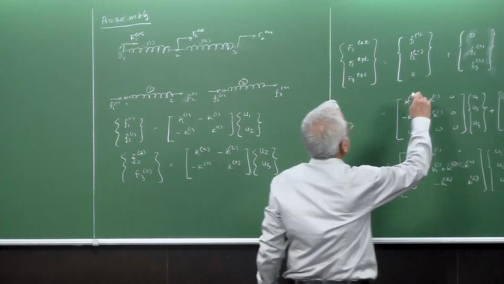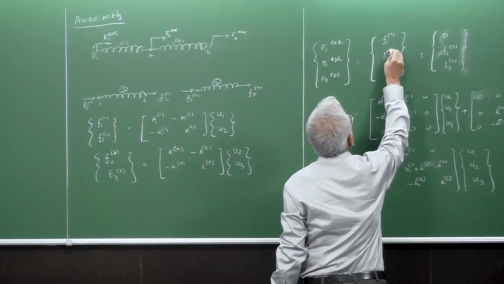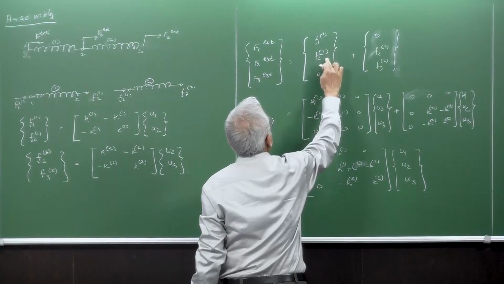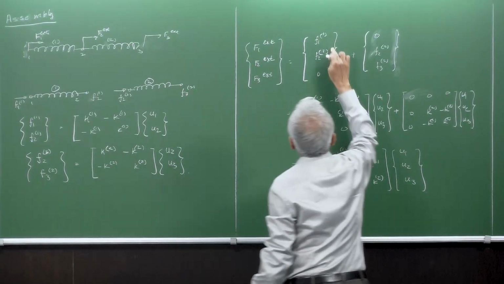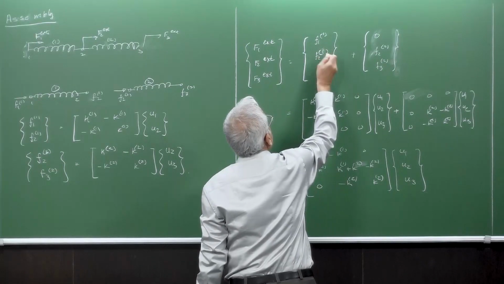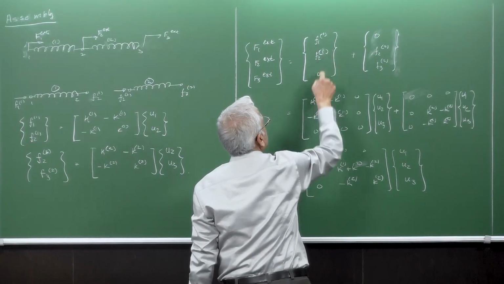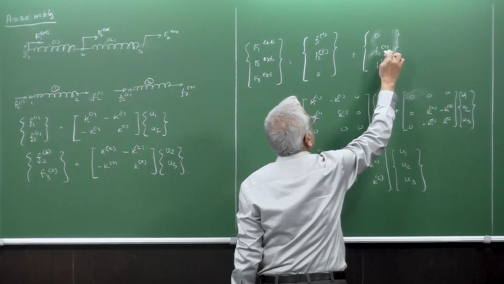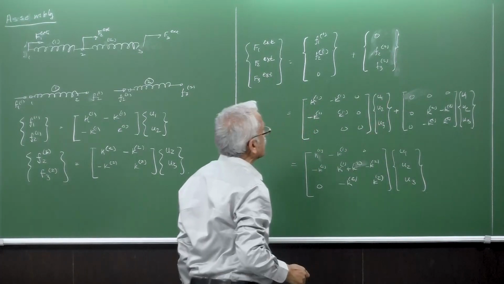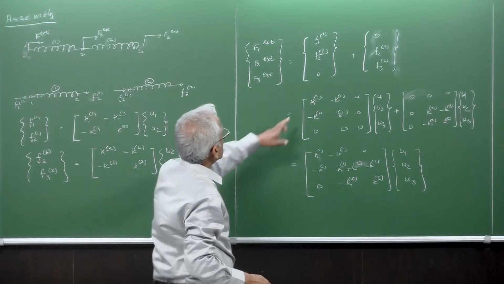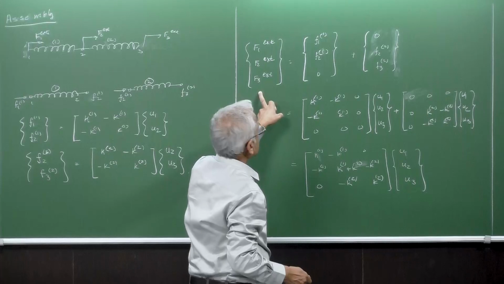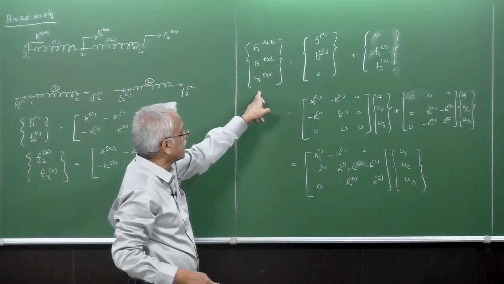So we can write the external forces here, F1 and F2 contributing at nodes 1 and 2, of course. This we write as coming from element 1, at nodes 1 and 2. Similarly, element 2 will be contributing to nodes 2 and 3. So the sum of these two will be equal to the external forces here.